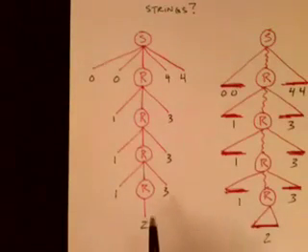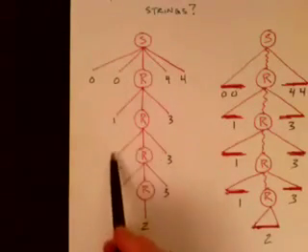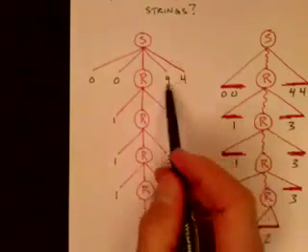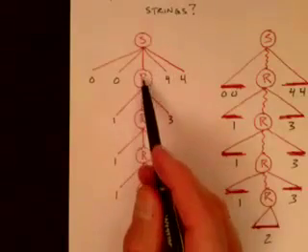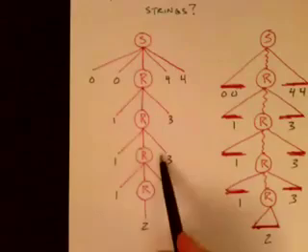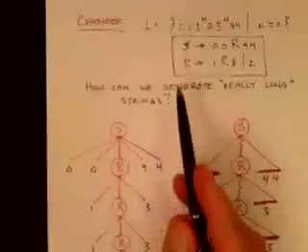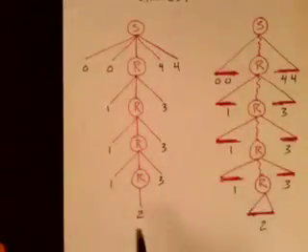Here we've got a parse tree for the string 001112333R44. And you can see that we used the rule R goes to 1R3, 1, 2, 3 times. And finally we use the other rule, R goes to 2 at the bottom, to sort of end the recursion.